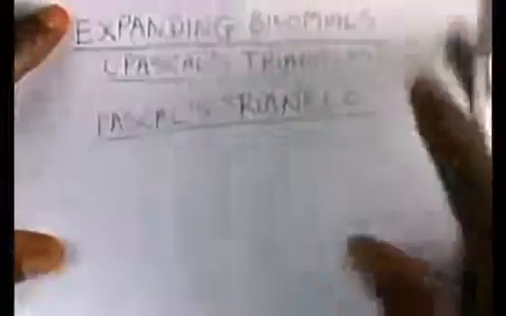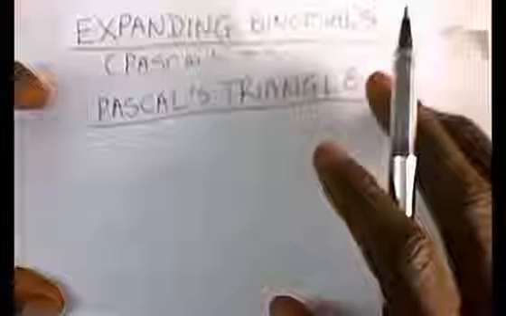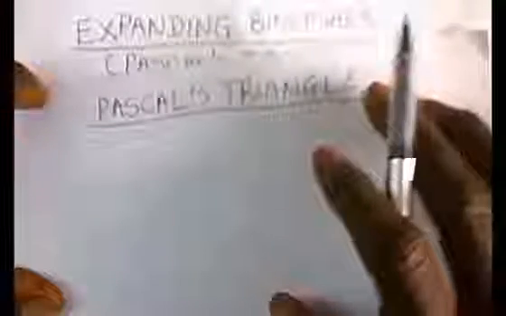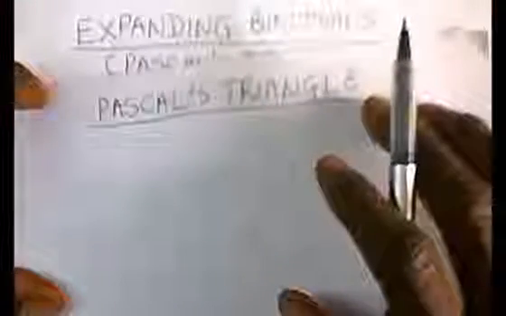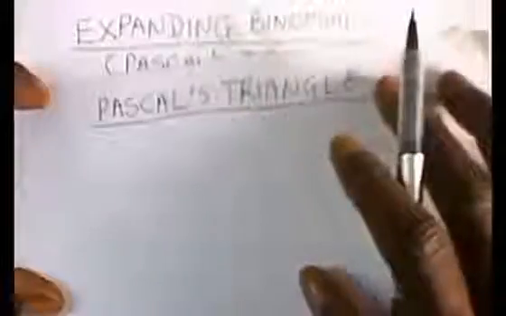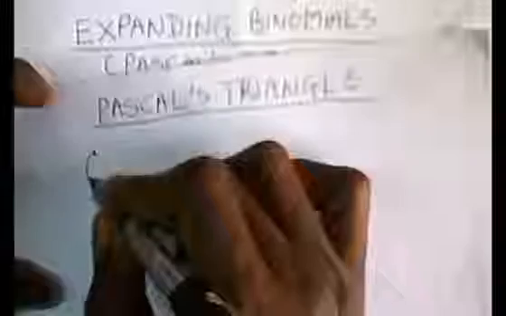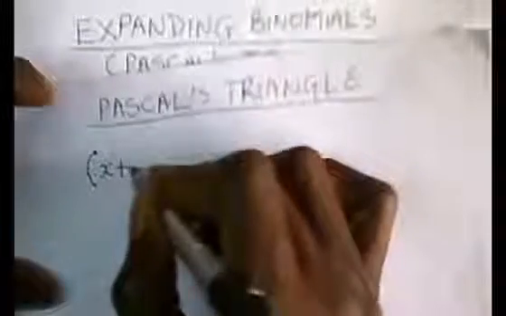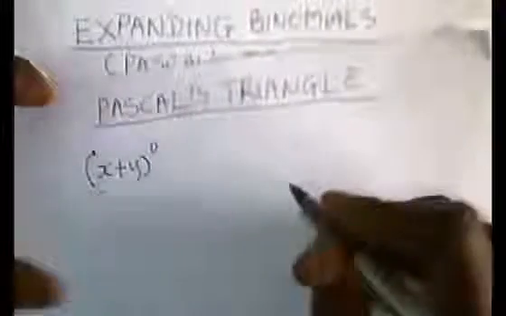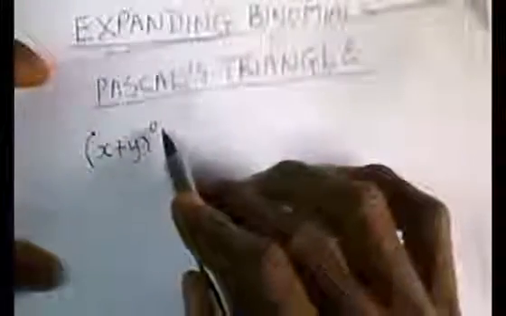Now, when we talk about the Pascal triangle, it is a triangle that gives us the coefficients of the expanded terms. For example, over here, if I write (x + y)^0 and I want to expand this, we all know that anything raised to 0 will give us 1.